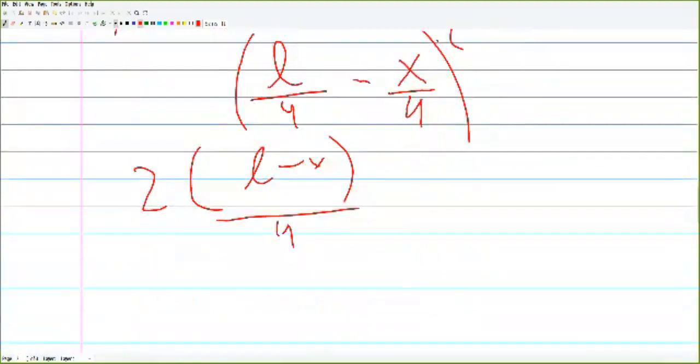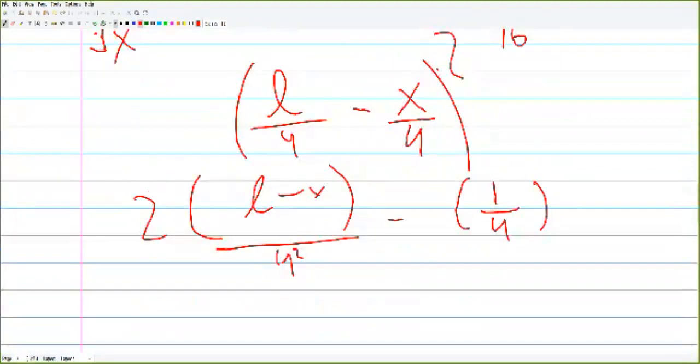And this down here, okay, squared minus x minus. This here is a constant, so it's 0. So it's minus 1/4. Actually, that's times.